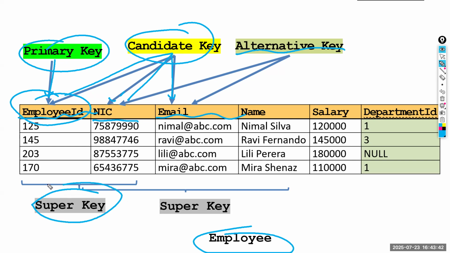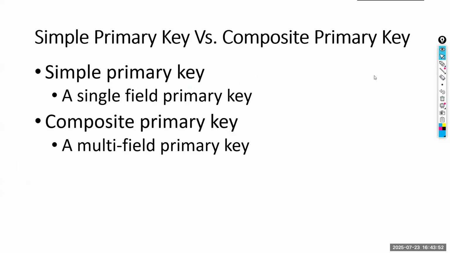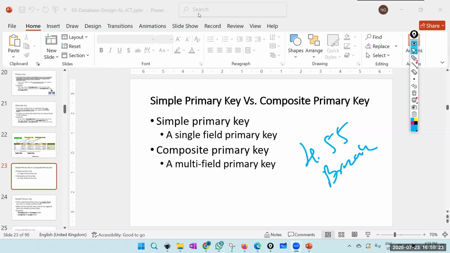A table can have different super keys. Okay. Right. So now we have discussed what is candidate key, what is super key, what is primary key, and what is alternate key.